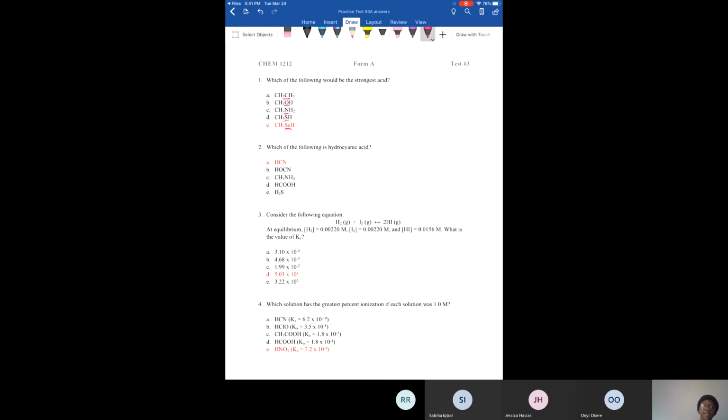Two things that determine the strength of an acid are one, electronegativity, and two, size. And more often than not, size trumps electronegativity. That's why HI is a stronger acid than HF, even though F technically has the greatest electronegativity.